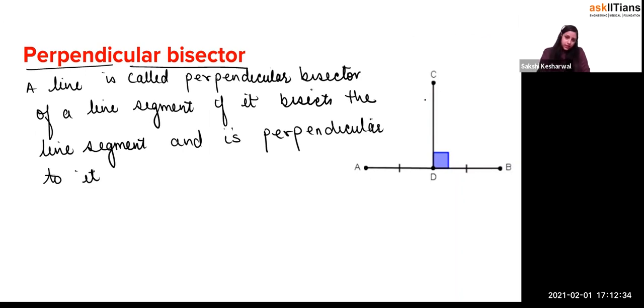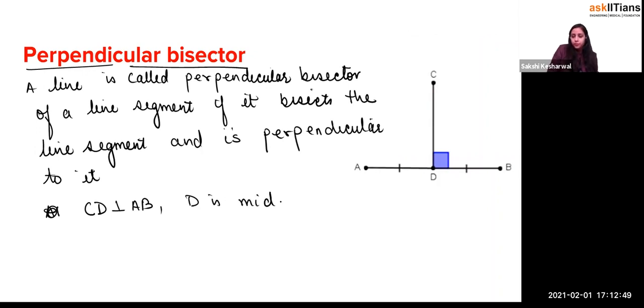Now, see over here, you can see that CD is what? Can I say that CD is perpendicular to AB, right or not? And we say that D is what, beta? Midpoint, like half point, midpoint of AB, yes or no?